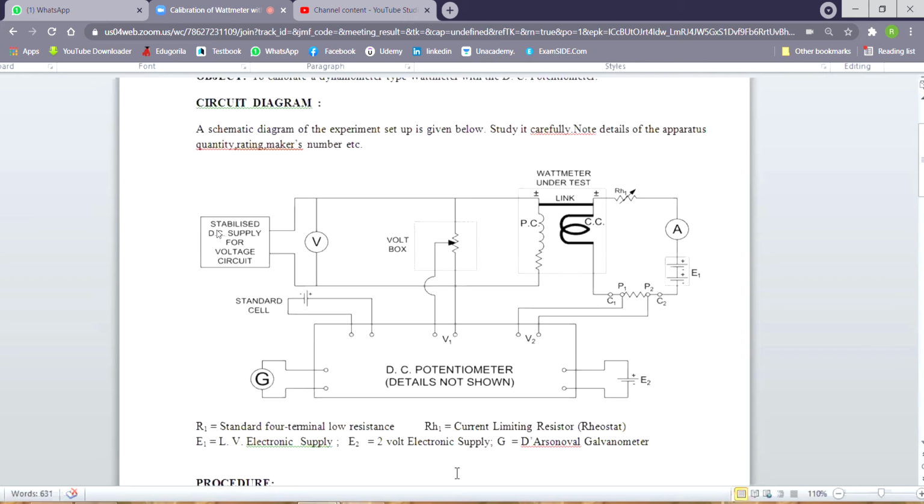Once we measure any voltage V1 or V2, that voltage will be in opposition to the IR drop in the slide wire. When these two voltages are exactly equal, then the length of the slide wire is directly proportional to the applied voltage V1 or V2.